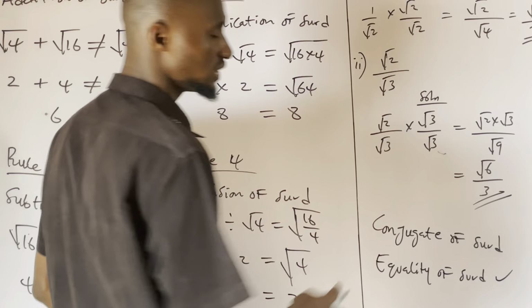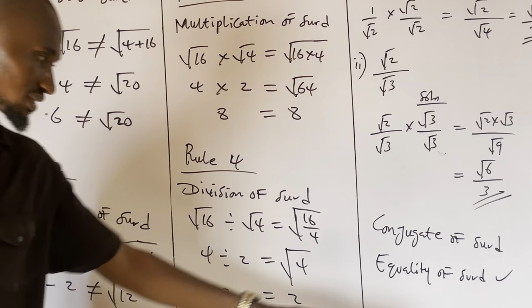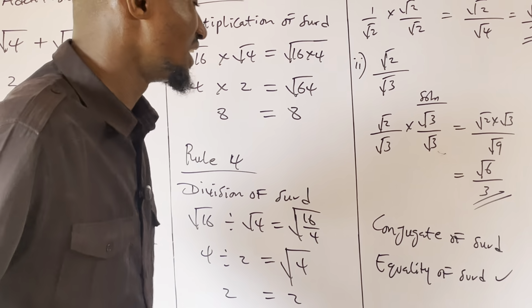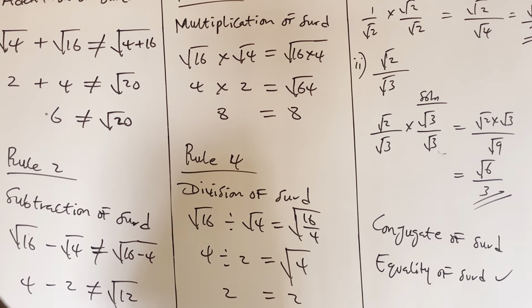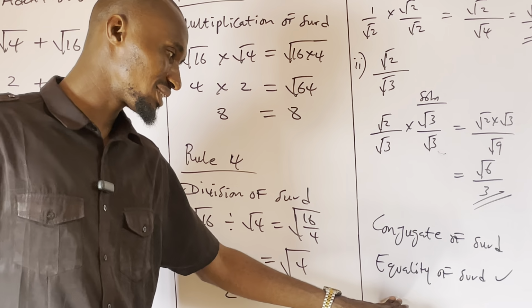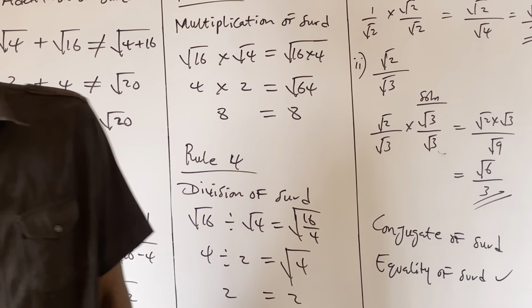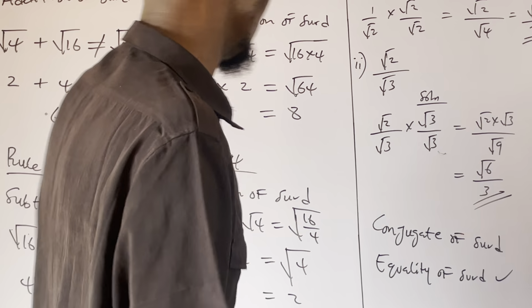I have used a question to explain equality of surds, and I will still solve more questions, pointing to my audience that this is a practical example of equality of surds. Did you understand?